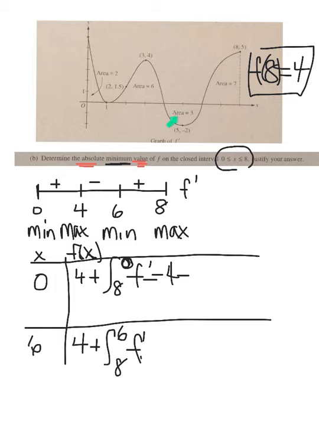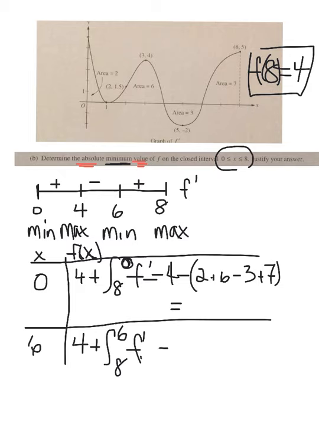Then I'm going to subtract 3 because that's negative. It's underneath the x-axis. And then add 7. Okay? All right, so let me show you. So again, I'm going to add 2 plus 6 minus 3 plus 7. And I'll work that out.